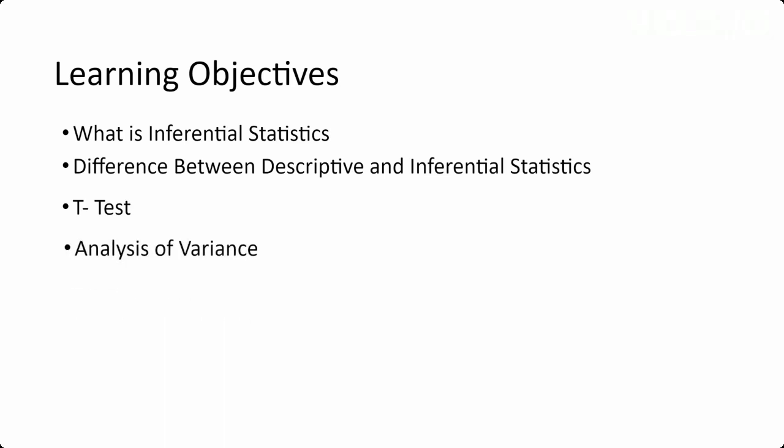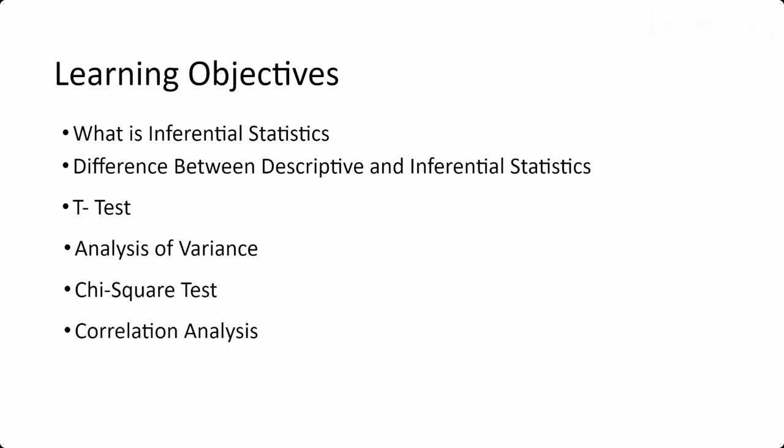The same goes for the analysis of variance, which is in short written as ANOVA. We need to understand when it's used and the result expected from that analysis. We also need to understand the chi-square test, when it's used and the result expected.